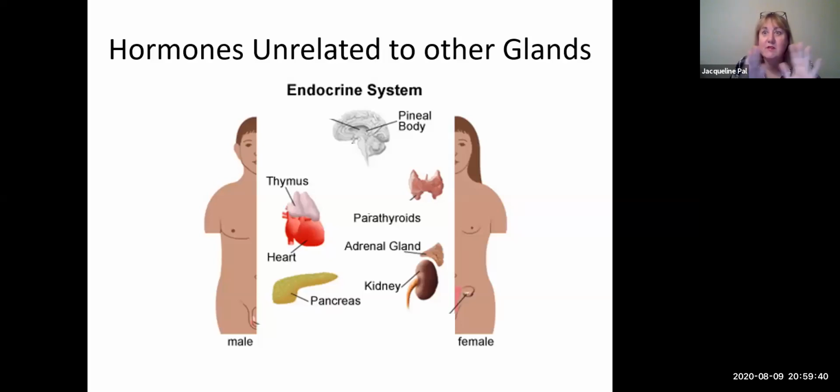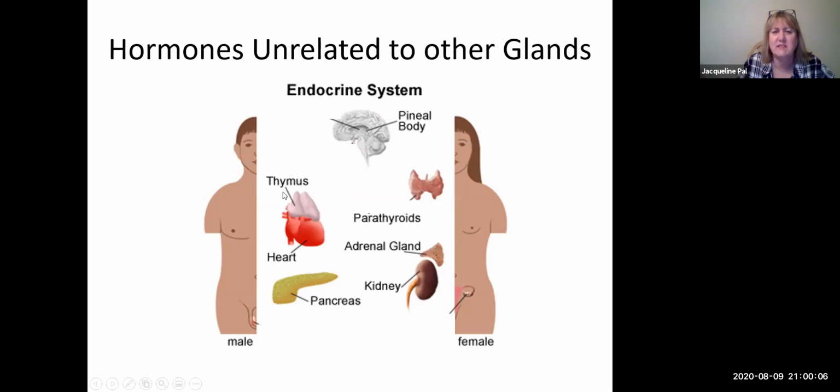Okay, so now you're probably really excited because we're going to get started learning about hormones and the endocrine system. I want you to realize we've already learned about some hormones that are unrelated to other endocrine glands. For instance, when we learned in the brain about the pineal body, that's where melatonin was released from, which had to do with your sleep-wake cycles.